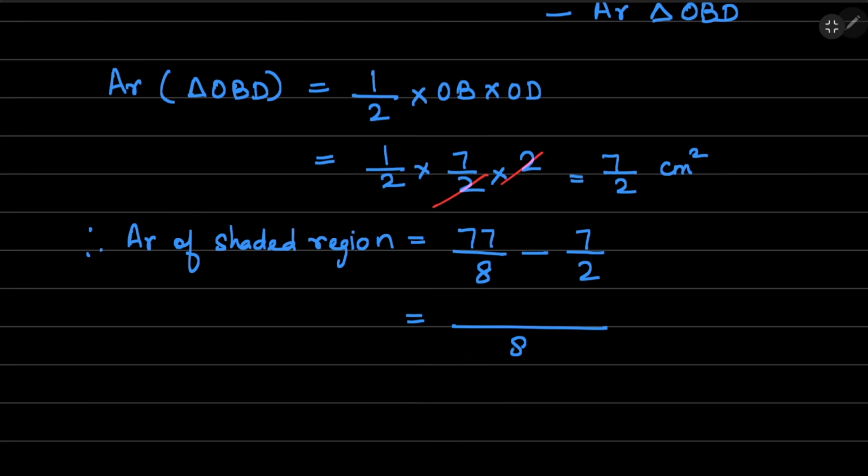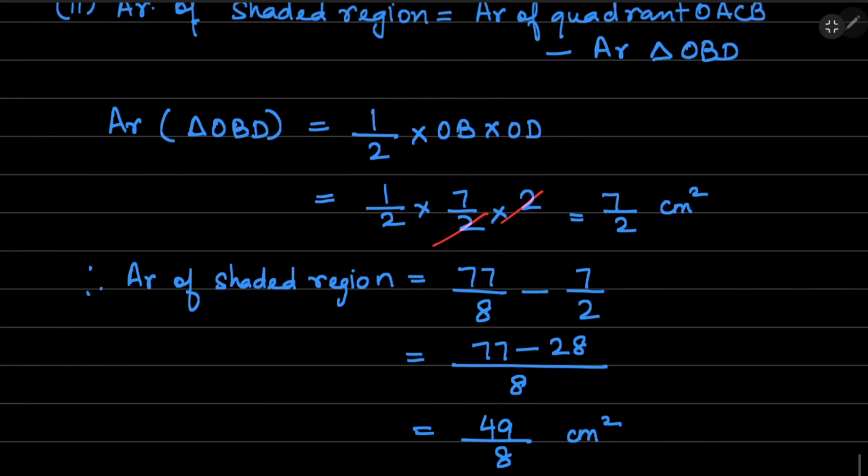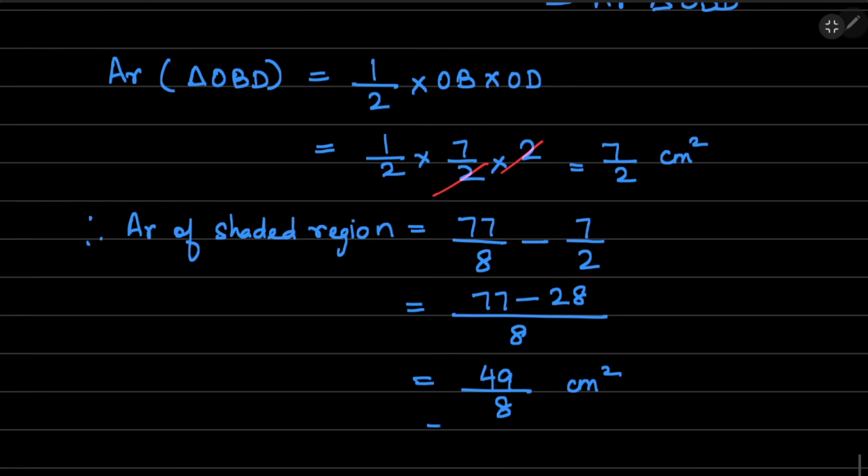Take the LCM 8. So you have 77 minus 4 into 7, which is 28. What is 77 minus 28? 9, 6 minus 2, 4, so 49 by 8. You can leave it as it is, centimeter square. This is the area of the shaded region.